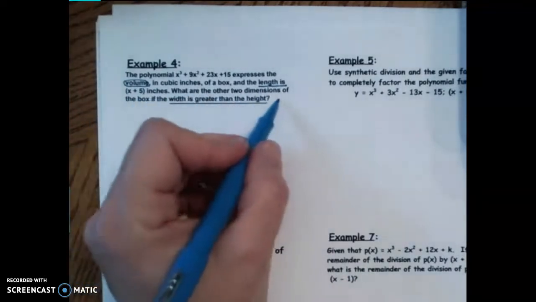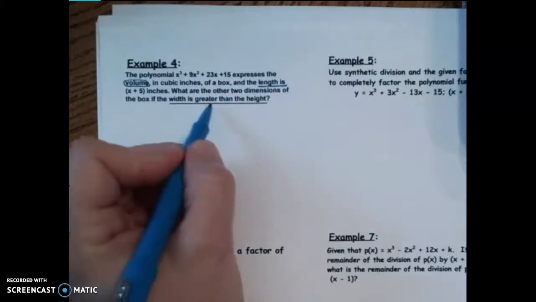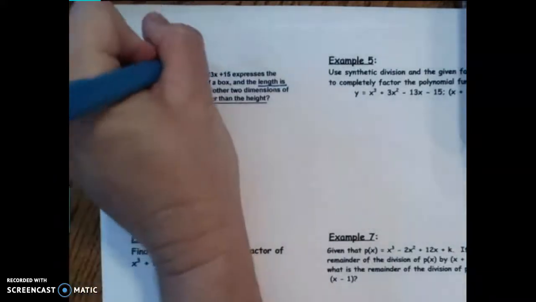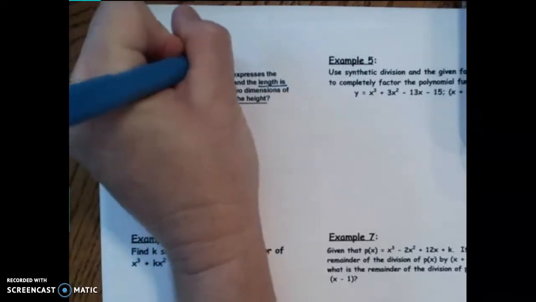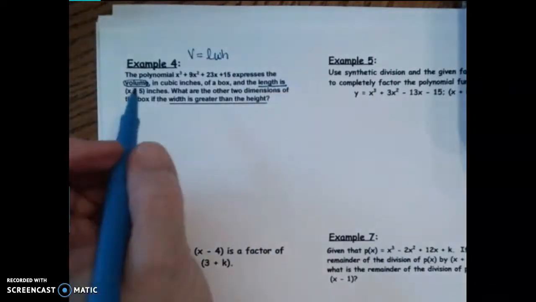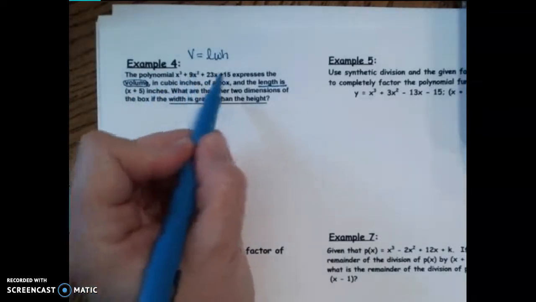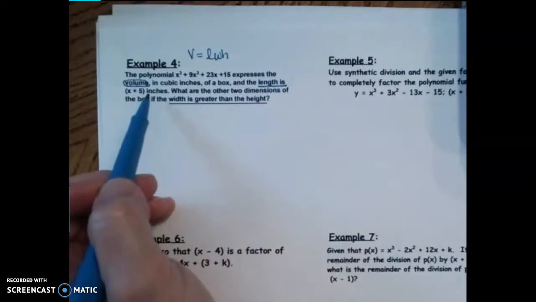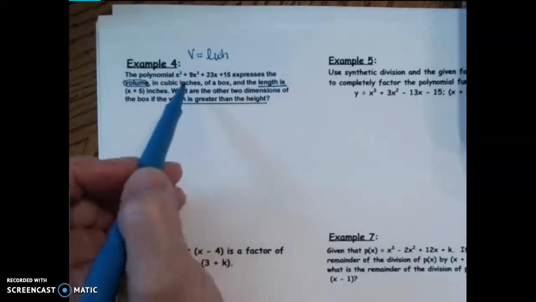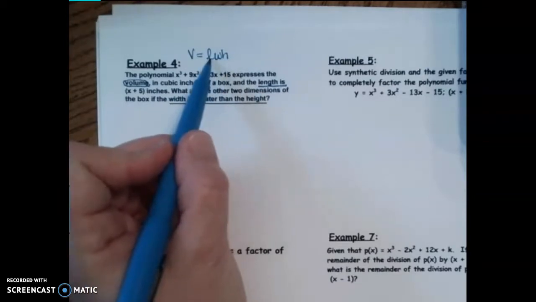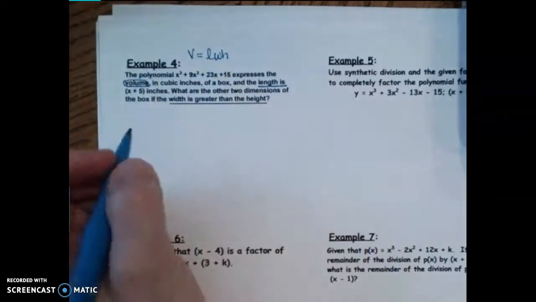What are the other two dimensions of the box if the width is greater than the height? I underlined that for you. If you recall, the volume is length times width times height. We know the volume is this polynomial and the length is x plus 5. So to find the width and the height, I would have to divide by the length.